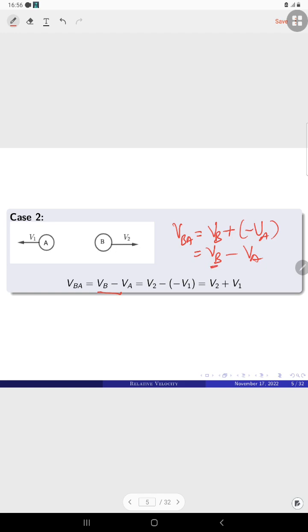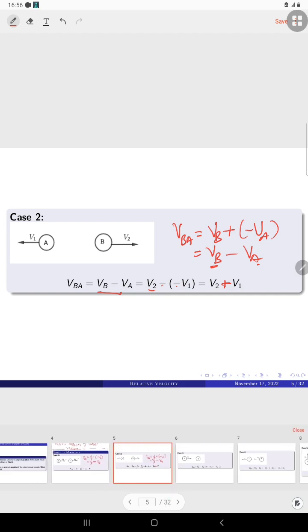Because it's moving towards the east, it is positive, so V2. But look at A. A is towards the west, so it will be negative. That is why I have negated the V1. So we negate it and the negative gives us a positive sign. I hope you are following.